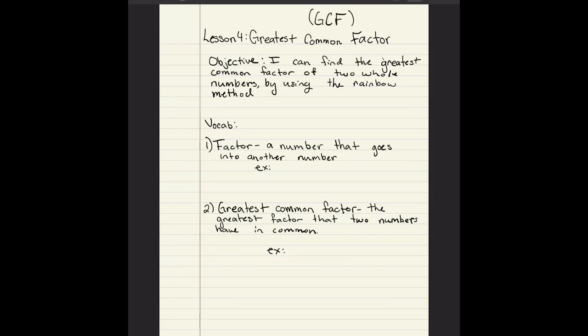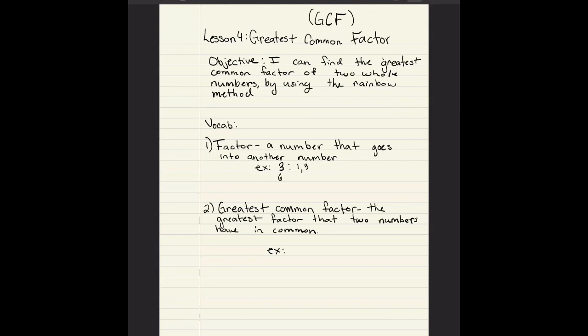All right, jumping into vocab. A factor is a number that goes into another number. For example, if you're looking at the number 3, the only factors it has are 1 and 3, right? That's the only thing that can go into it.